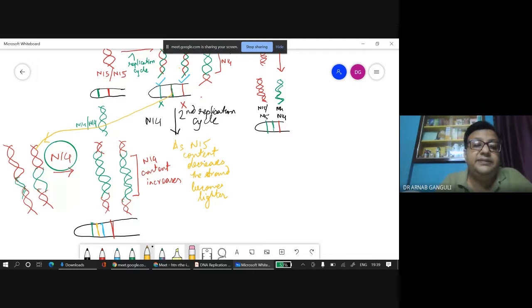Lighter means it will again go somewhere below. On the autoradiograph you will find an intermediate band in between.